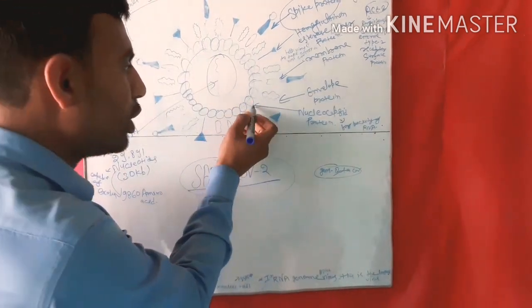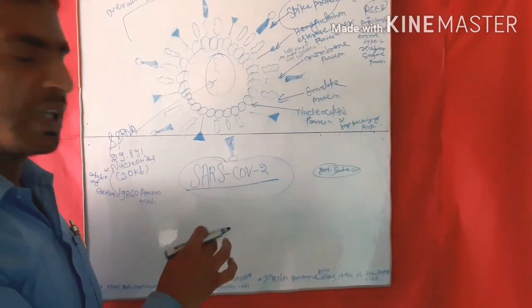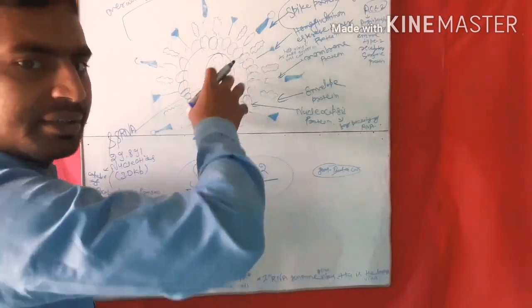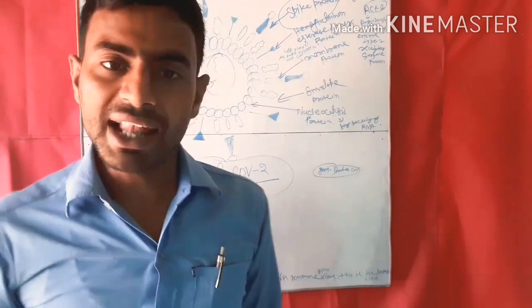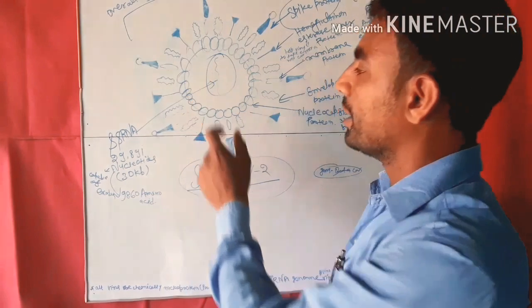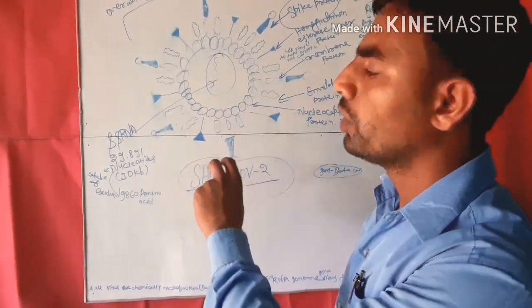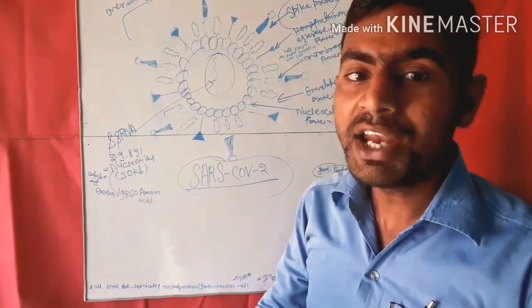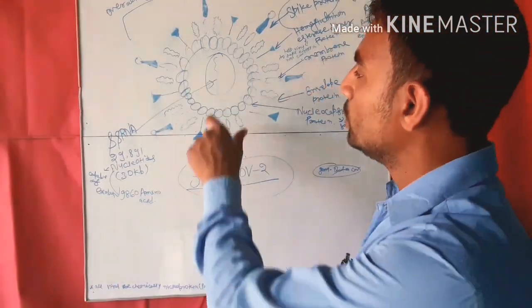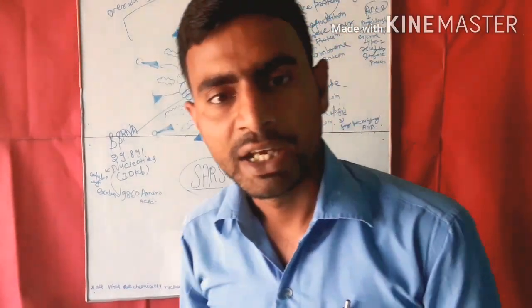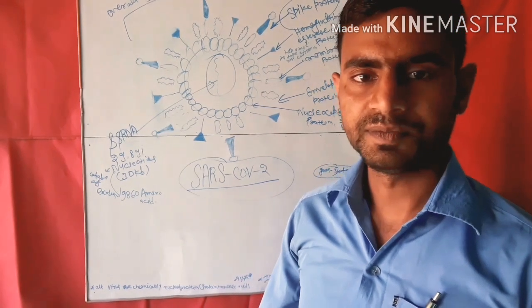The nucleocapsid protein packs this single stranded RNA, which is made of 29,891 nucleotides. That means about 30,000 bases.